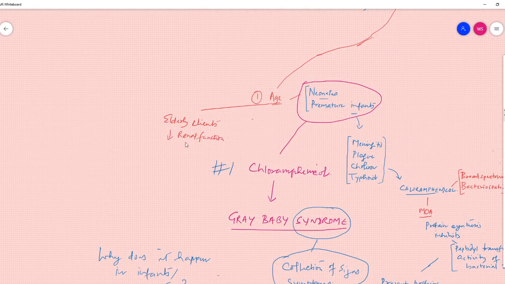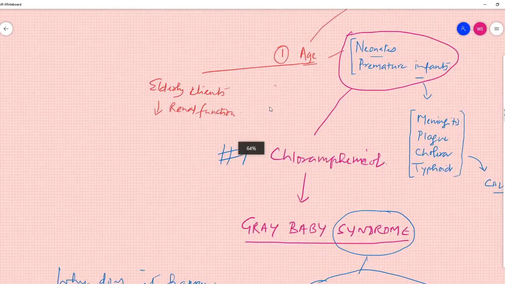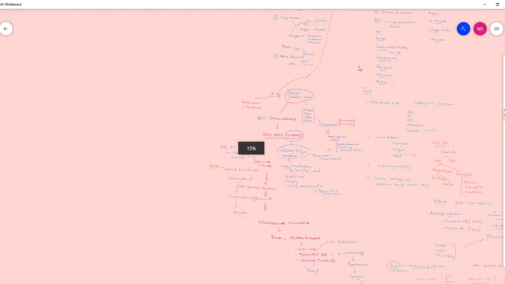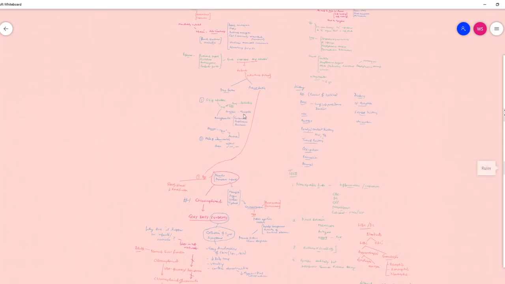So if there is a drug that is renally excreted, then the dose should be adjusted in the elderly people. So what are we now talking about? We are talking about the patient factors that should be considered for selecting the drug therapy. We have looked at one factor, which was age.